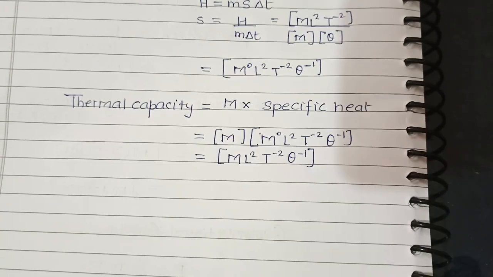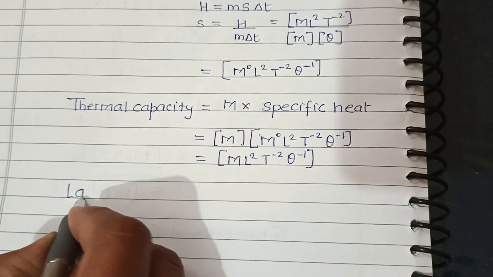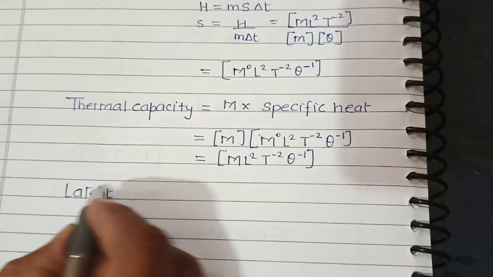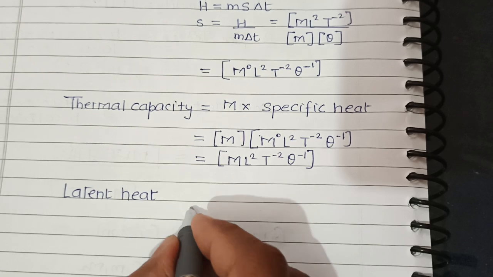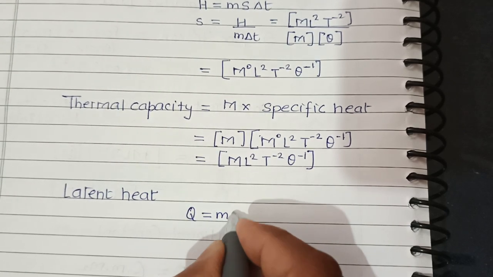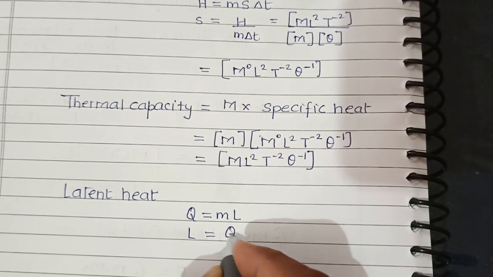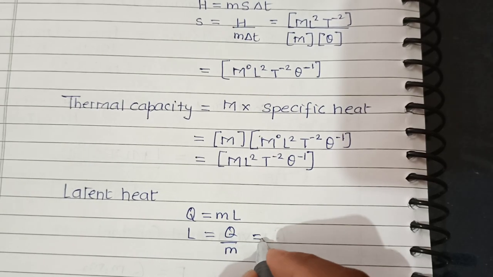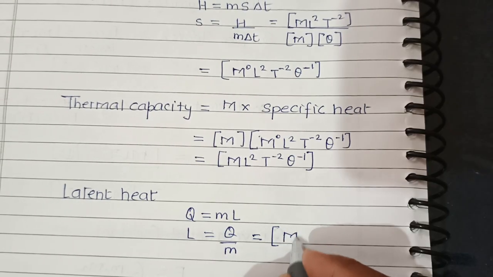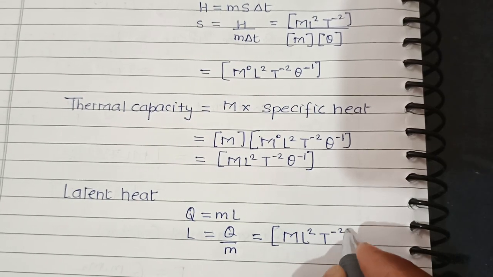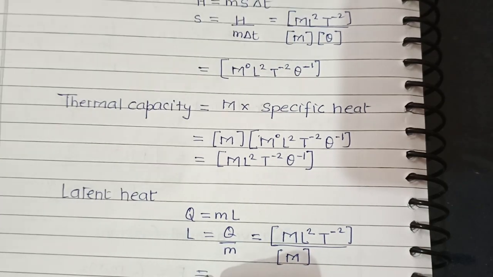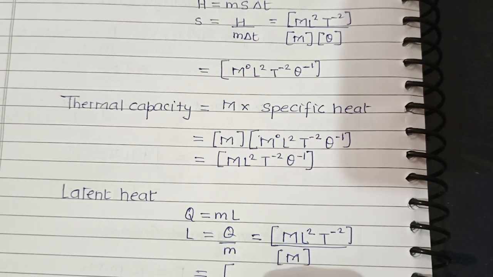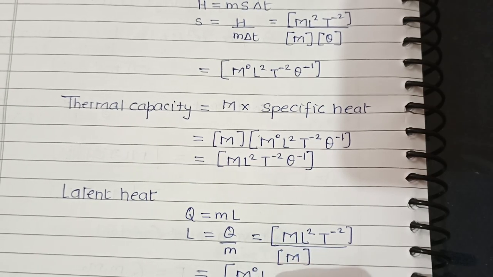Latent heat: Q is equal to ml, so L equal to Q by m. Q की डायमेंशन हीट एनर्जी है आपकी, तो यही होगी ml स्क्वायर T minus 2 and this is mass, so dimension is m, m cancel out, so it is m naught L square T minus 2.